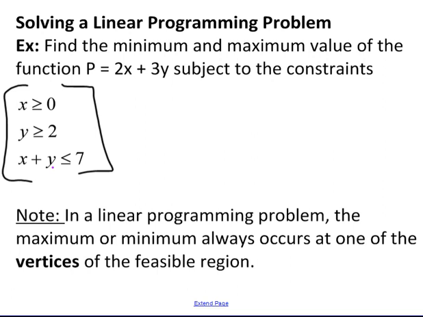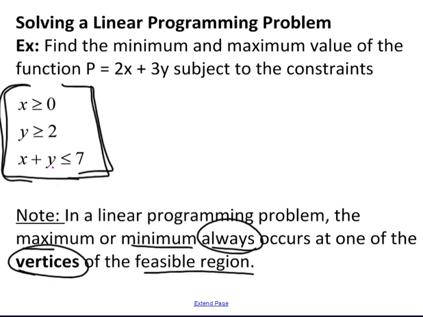In a linear programming problem, the maximum or minimum always occurs at one of the vertices. Vertices are corners of the feasible region. Remember, the feasible region is the graph of the constraints or the graph of the inequalities.